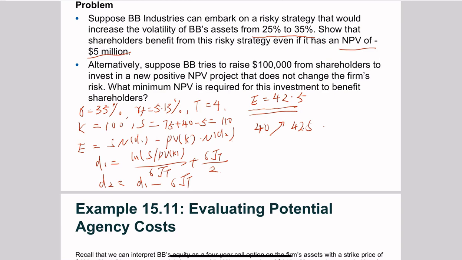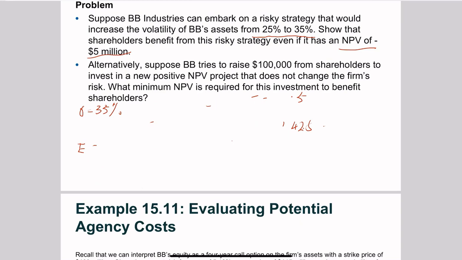Okay, now let's look at the second one. So second one says, alternatively, suppose this BB Industries tries to raise $100,000 from shareholders to invest in a new positive NPV project. And now what is the minimum NPV required for this investment to benefit shareholders?